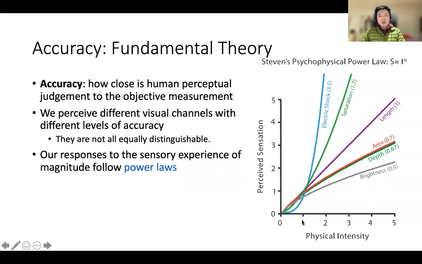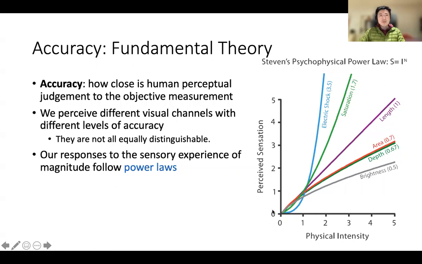For example, if the value is 1, you want people to look at it and think it's 1, and if it's 2, you want them to think it's 2. Sometimes if it's 2, people might think the actual value is a little higher, or sometimes a little lower, depending on the channel you use. That's why some channels become less accurate in representing values.